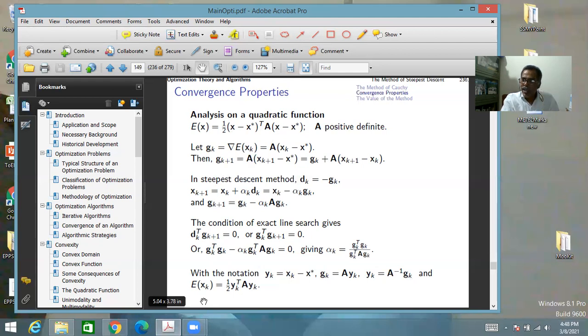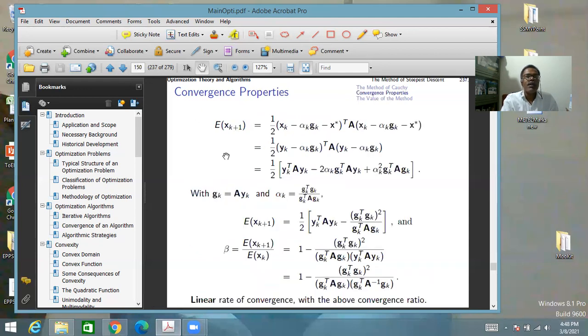Now we'll develop another expression for E at xk plus 1 and then divide. So E(xk plus 1), that is xk plus 1 is here, minus x star, xk plus 1 is here, minus x star. And xk minus x star we have decided to call yk. So get that here, and the remaining things remain. Now multiply this out and you get this.